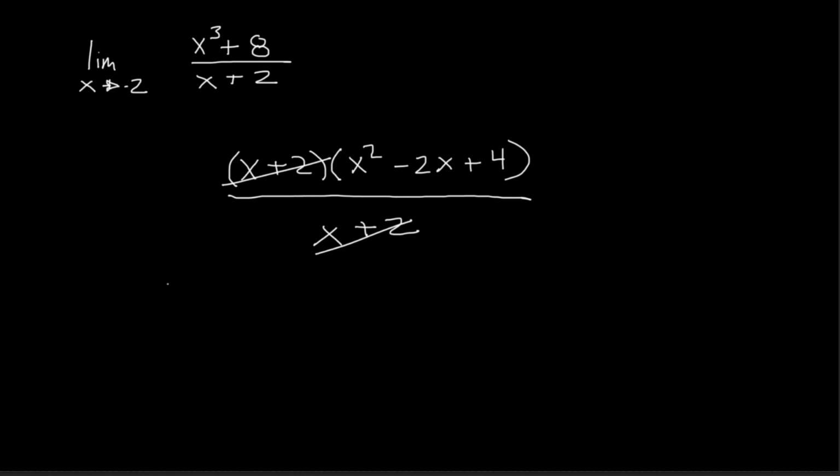So this just becomes the limit as x goes to minus 2 of x squared minus 2x plus 4.